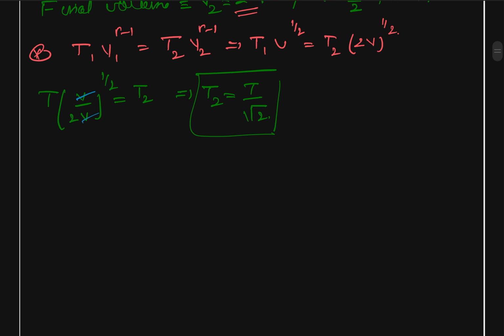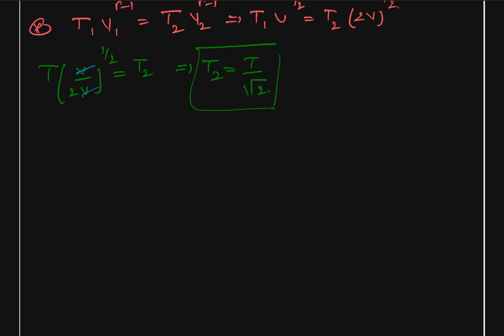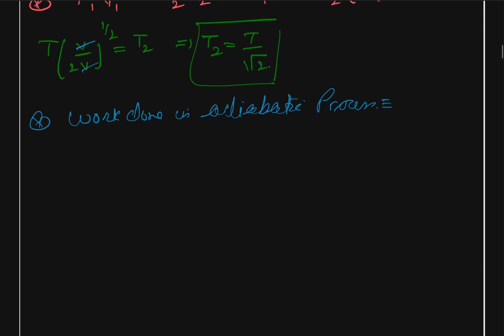Now we come to the original equation of work done, which gives us that the work done in the adiabatic process is, let us suppose, given as W. So we can write W is equal to (P2 V2 minus P1 V1) divided by (1 minus gamma).